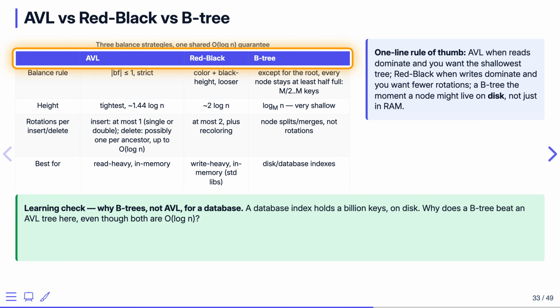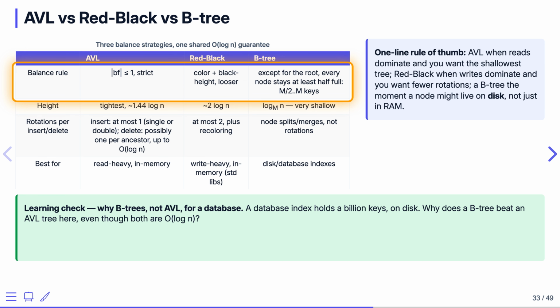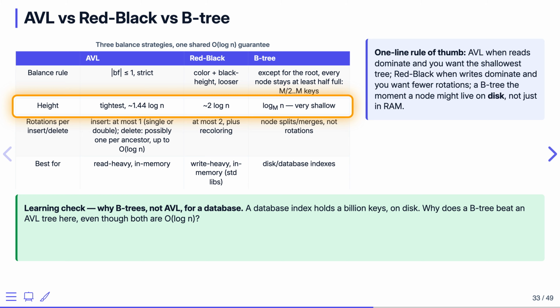Let's put all 3 side by side. The 3 columns are AVL, red-black, and B-tree. First, the balance rule. AVL is strict. The balance factor must stay within 1. Red-black uses colors and black height, which is looser. A B-tree keeps every node at least half full. Second, the height. AVL is the tightest, about 1.44 times log n.